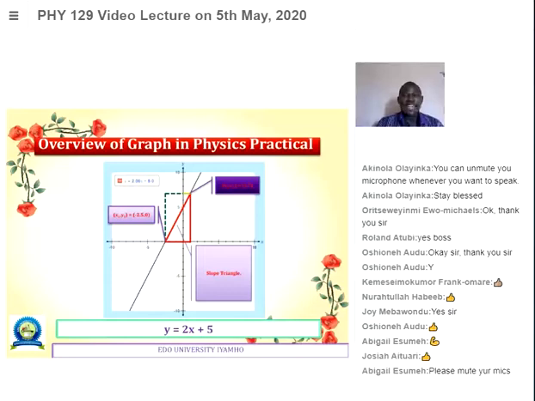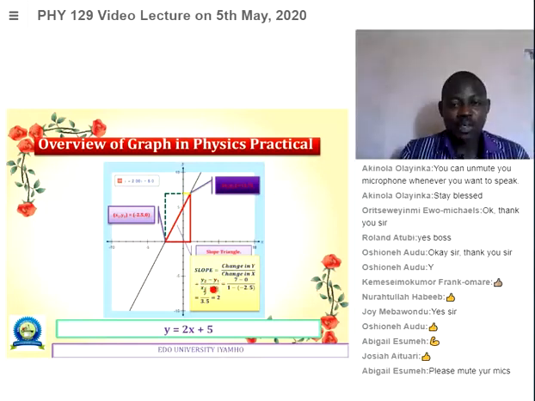Then let's quickly go ahead and compute the slope. Okay? So from here now, we set slope is equal to what? Change in y over change in x, which is equal to y2 minus y1 divided by x2 minus x1.